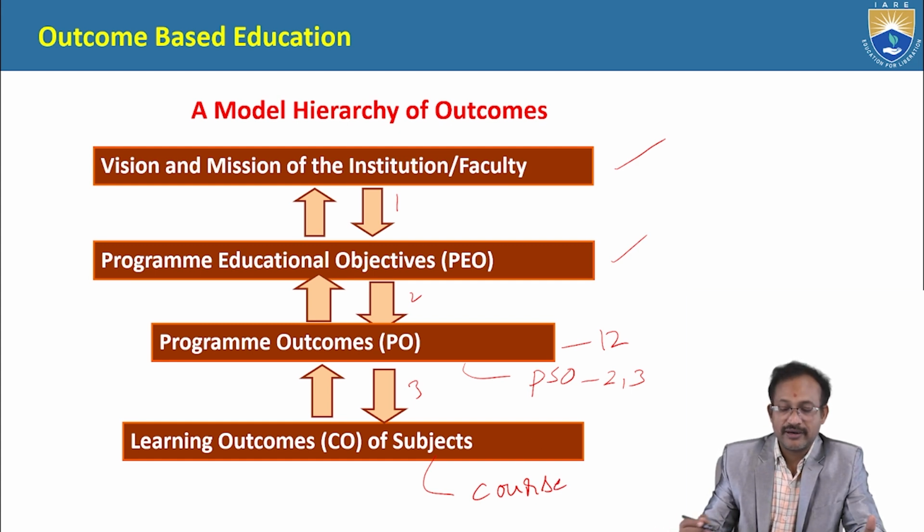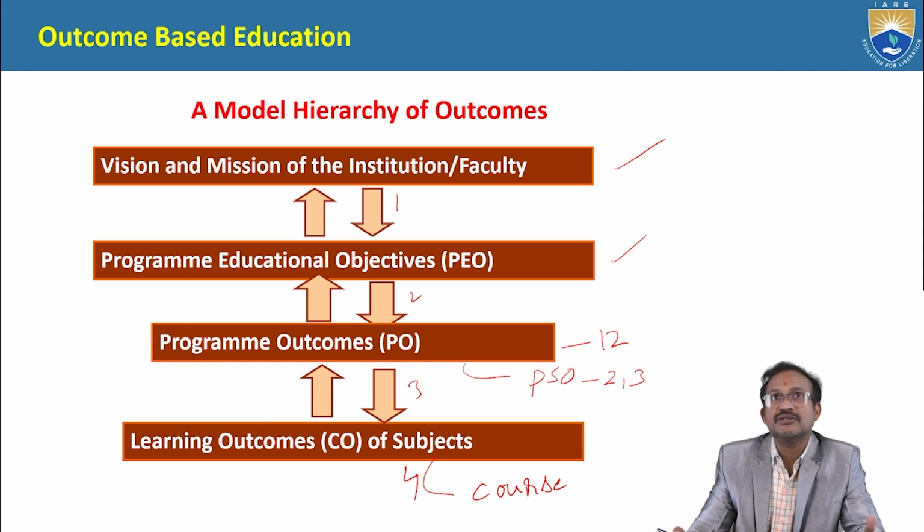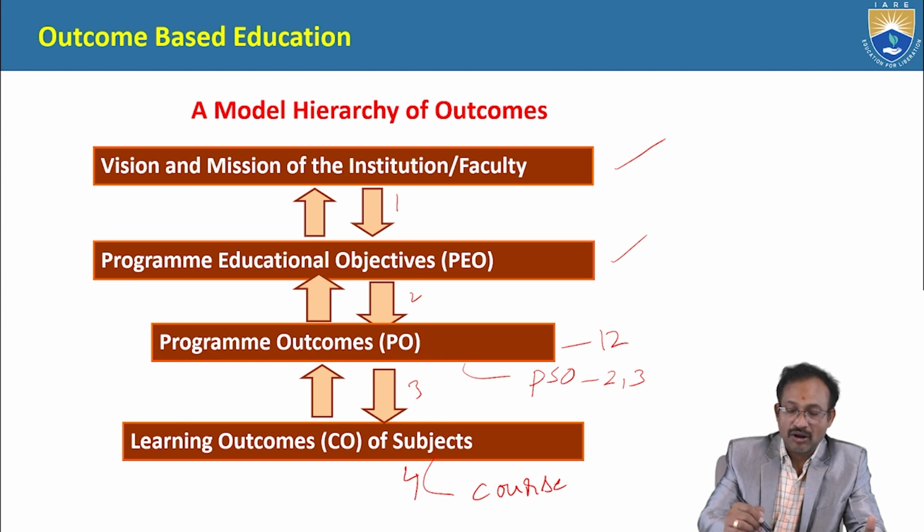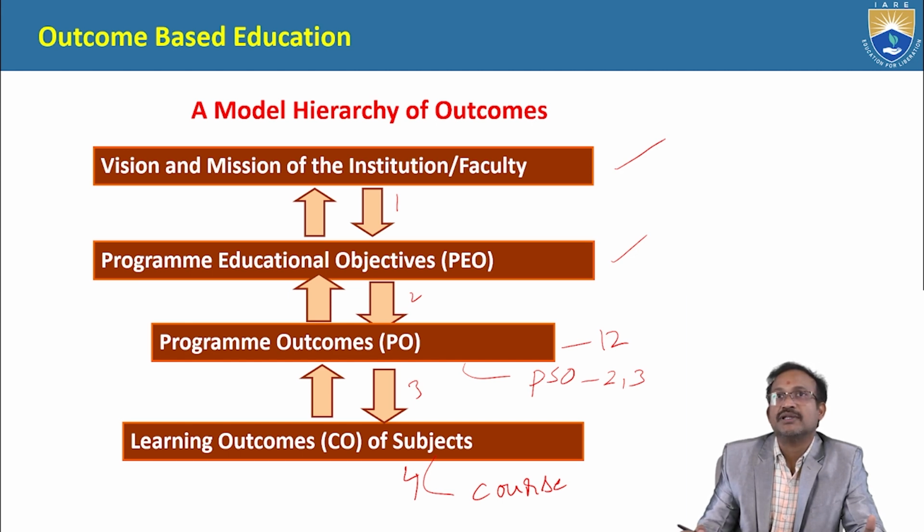Here subject is nothing but course. So this is the fourth step. First vision and mission of the institute, from that program educational objectives, again program outcomes, and finally course outcomes. So 1, 2, 3, 4 is the top down approach.